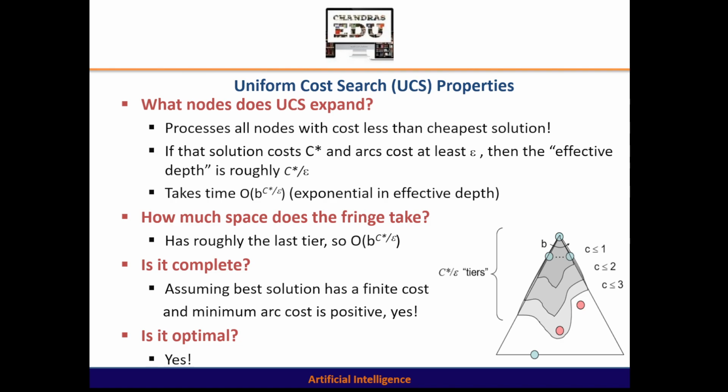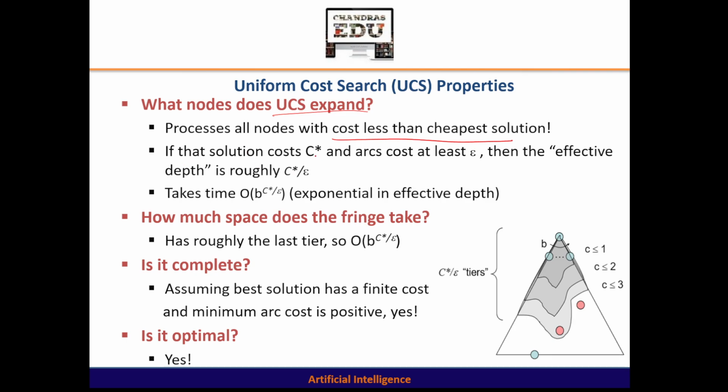So coming to the properties of the uniform cost search. There are 4 questions as we discussed in DFS and BFS. What nodes does UCS expand? So here we are talking about the time complexity. How it will process the nodes is that it will always take nodes with cost less than the cheapest solution.